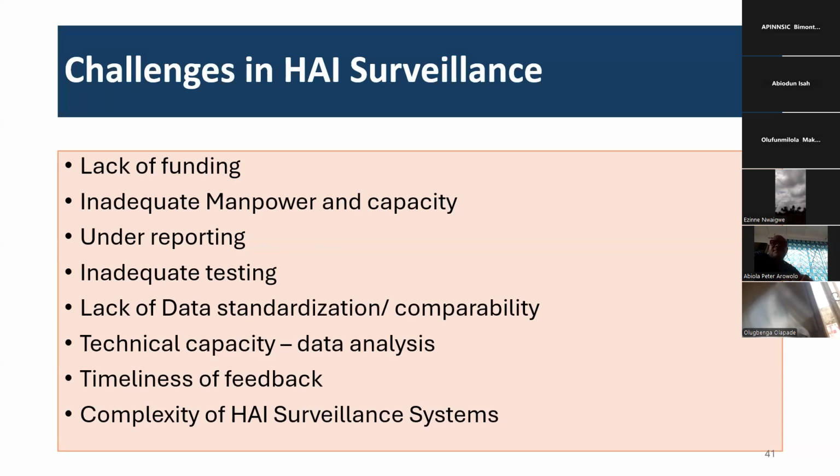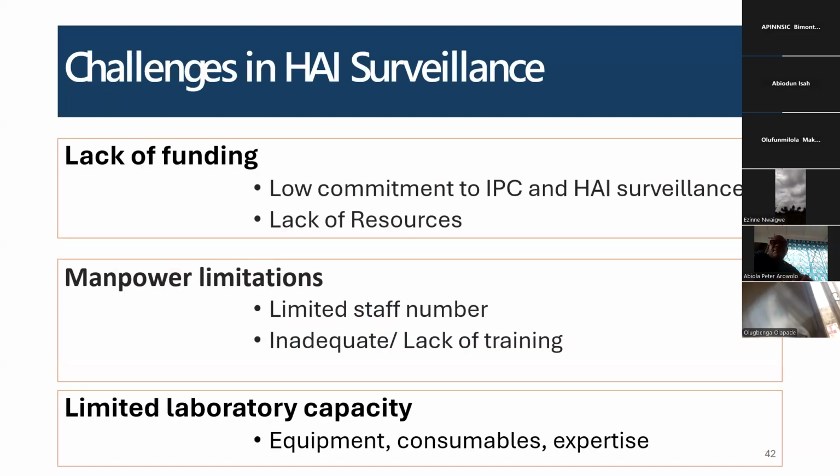So for lack of funding, usually it's because there's lack of resources, particularly from the management to support IPC and HAI surveillance. So of course, if you want to do HAI surveillance and there's no resources, you don't have your data collection instruments, you don't have analysis, then funding may impact your ability to carry out surveillance.